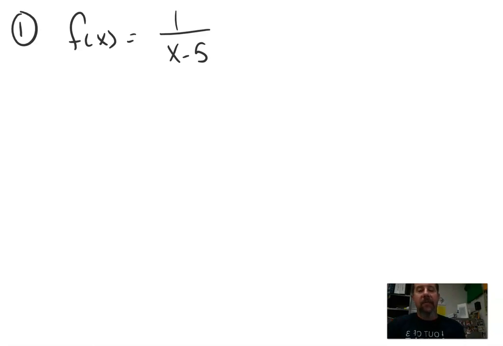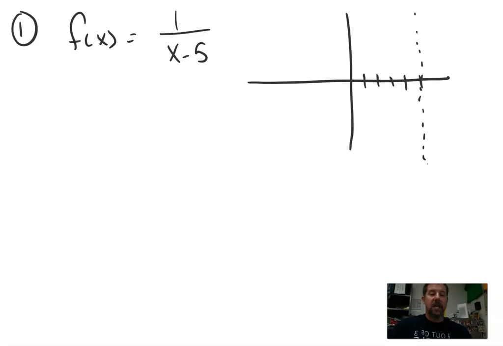But if I graph this, if you remember, there's a rational function where the bottom is 0, I've got a vertical asymptote. So I'd have a vertical asymptote at 5, and we have a horizontal asymptote. The degree of the top is less than the degree of the bottom, so at y equals 0. And I don't know if you remember, this is going to look something like this. If you don't remember how to graph this, you might want to go back and just review how to graph rationals. You can also graph that on your calculator, but it's going to look something like this.